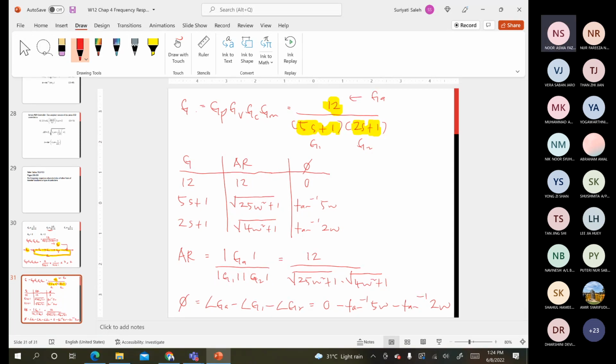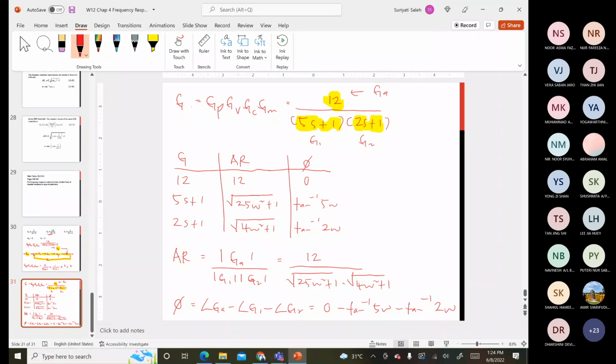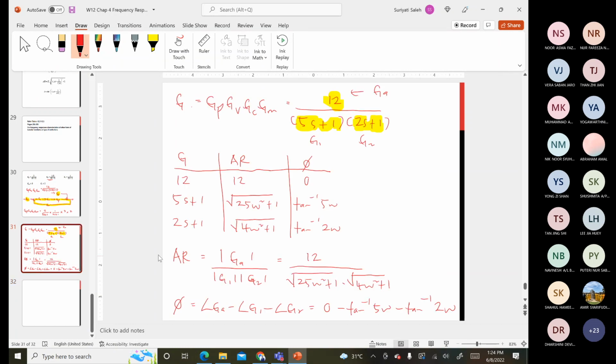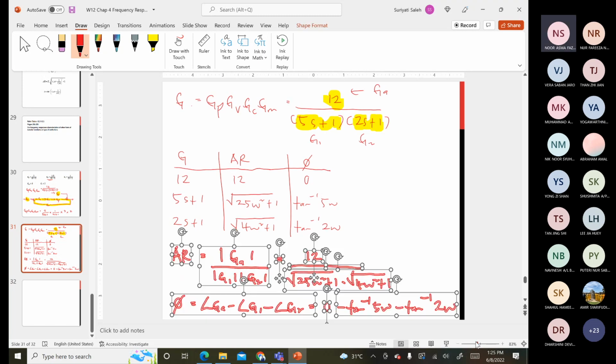For this part, the next part involves the Bode diagram calculation. So this is the equation.